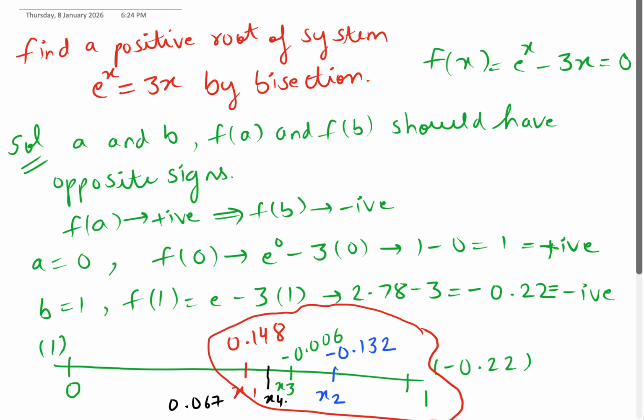So now the root will be between what? Towards the left hand side the value is increasing, but we need to decrease it now. So it will be between x4 and x3. Yes, correct, it will be between x4 and x3.